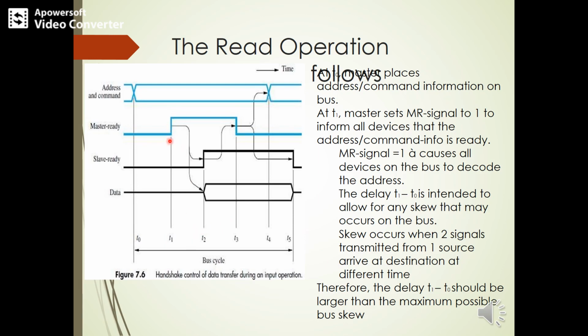Here initially the master places its request, that means master ready at time interval T1. Once again we can observe that the slave asserts its slave ready signal, that is at T2. After some delay, the data will be placed on the bus at T3.